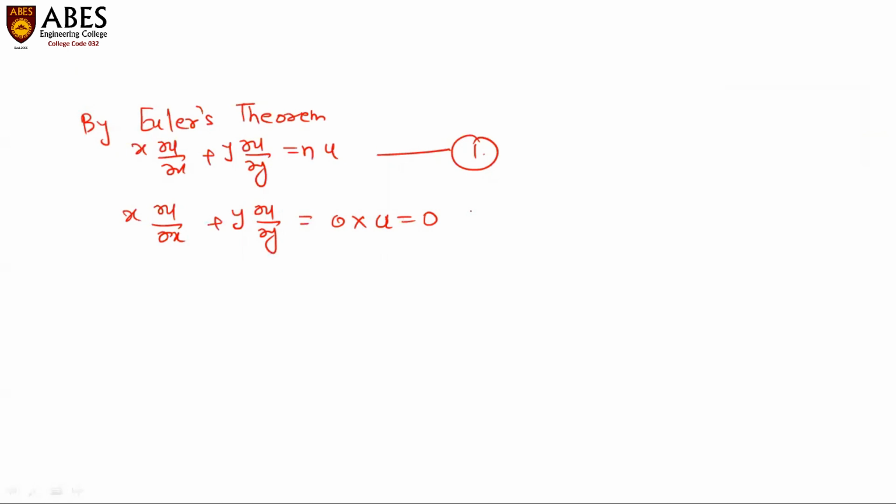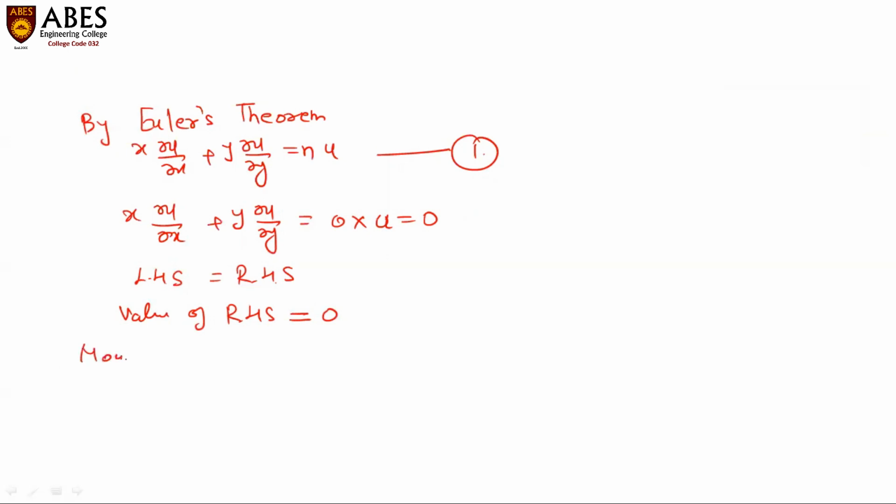For the verification of Euler's theorem, we will show left hand side equal to right hand side, and the value of RHS equal to 0. Now we show that the value of left hand side is also 0.